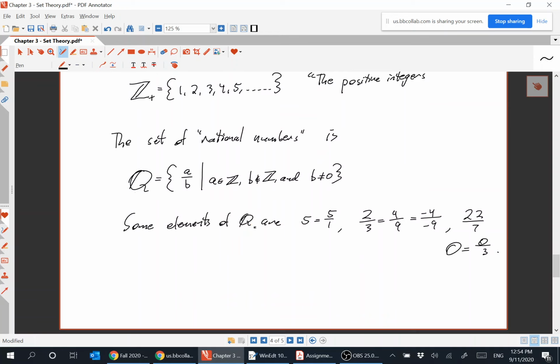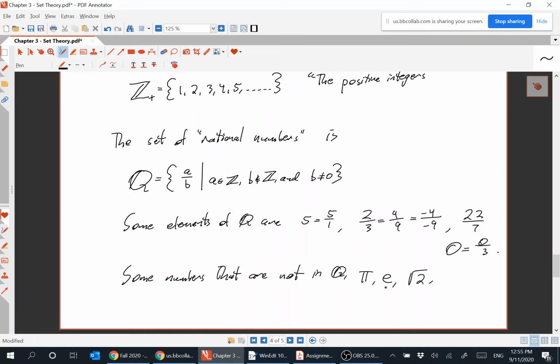Anybody know some numbers that are not in Q? Pi and e. Well, pi, yeah. e, Euler's constant e, the one from calculus. Square root of 2. It's not in there. Proving that pi and e are not rational takes a little bit of doing.